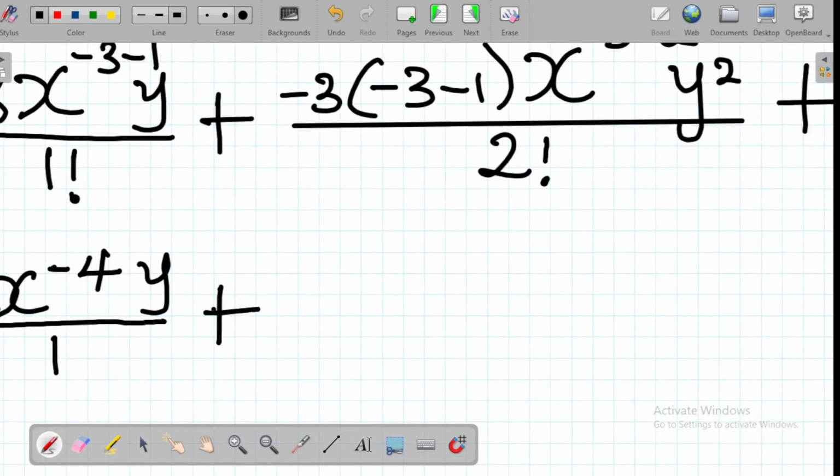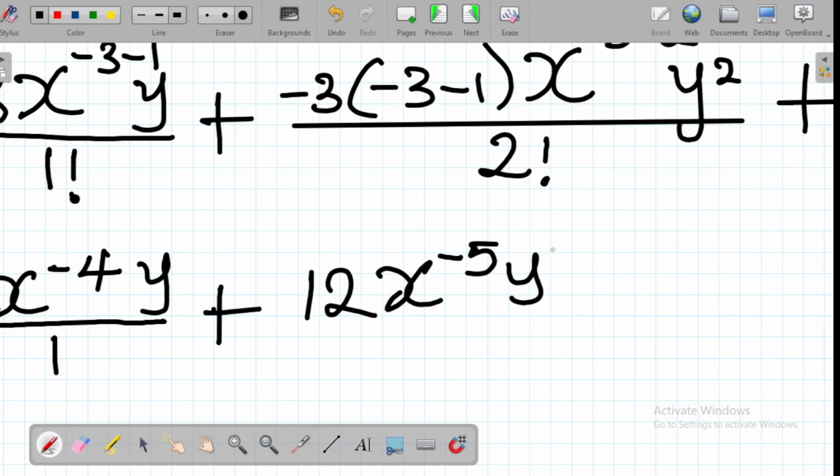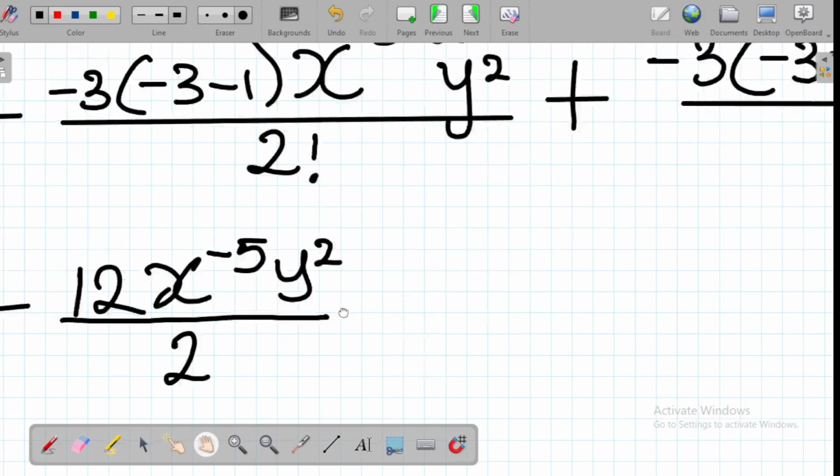And then plus negative 3 minus 1 is minus 4. Minus 4 multiplied by minus 3 gives us positive 12. That's why we have plus here. So 12x raised to power negative 5 and then y raised to power 2 all over 2 factorial is 2.